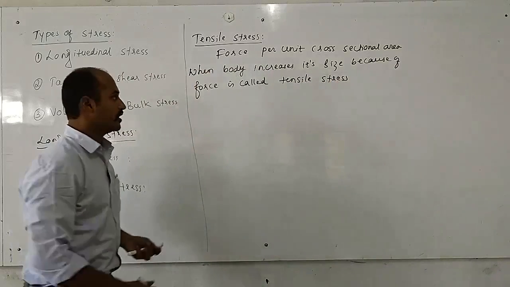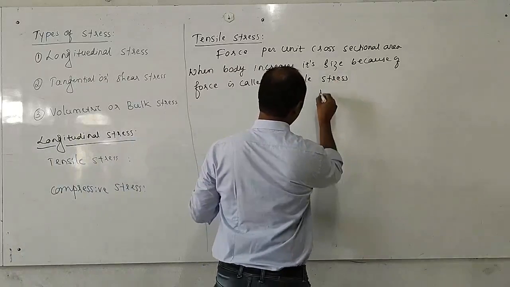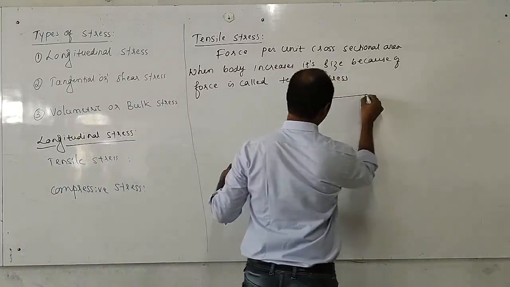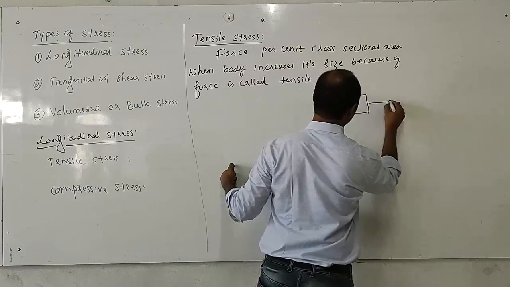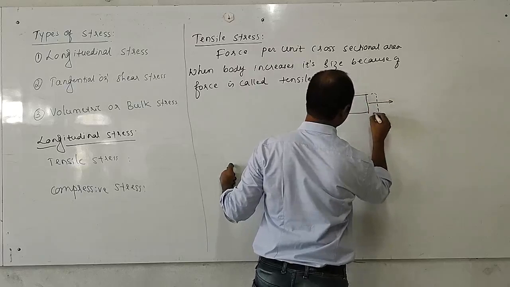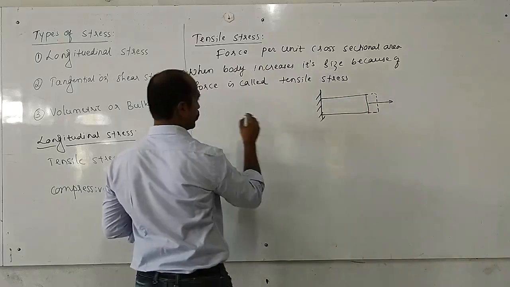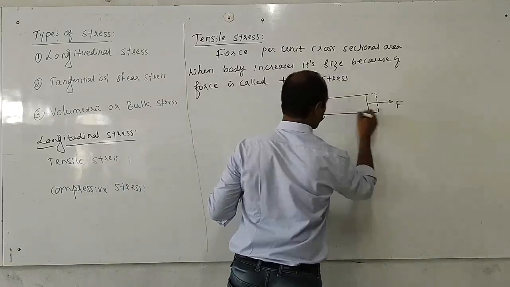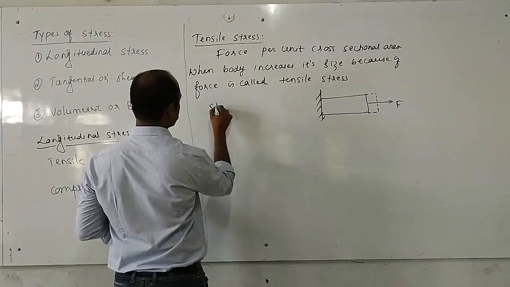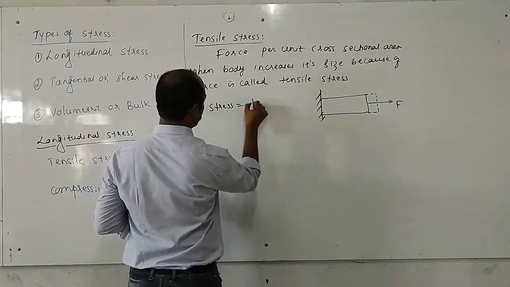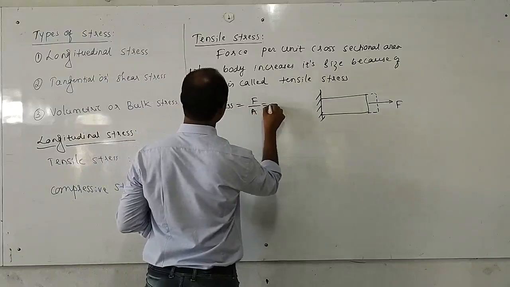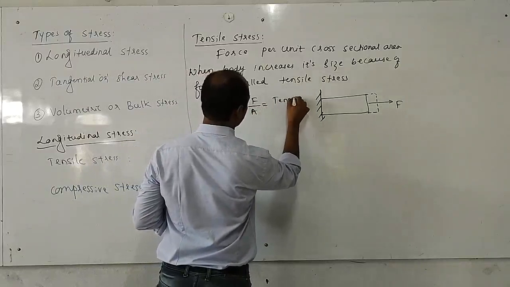Tensile stress. If I take a body and if I apply force here, then the body elongates. In this situation, whatever the stress develops is force divided by area, which is tensile stress.